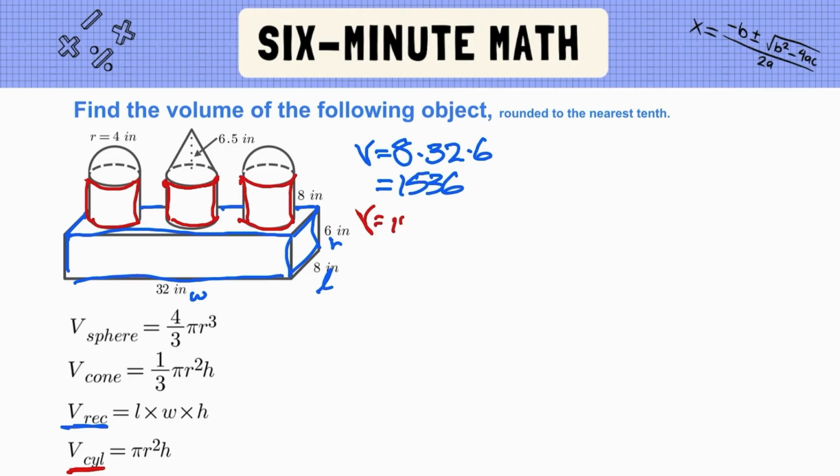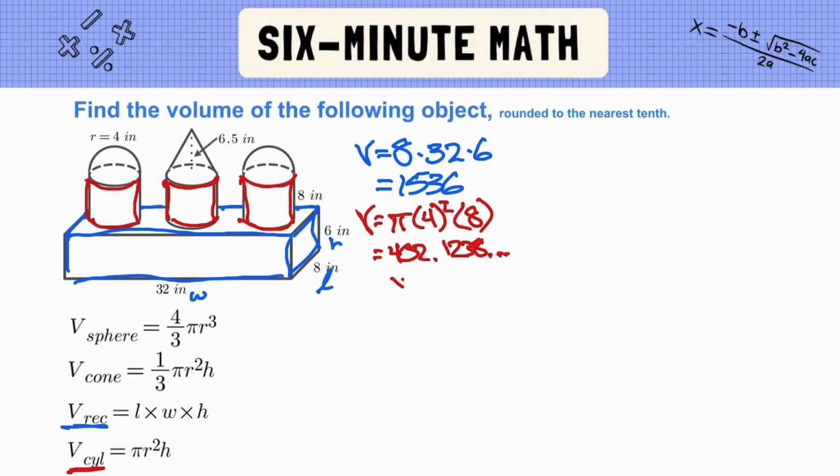My one cylinder is pi times radius of 4 squared times the height of 8. As you can see here, my radius is 4 for all of these cylinders. The height is 8. Meaning one cylinder is going to have a volume of 402.1238.